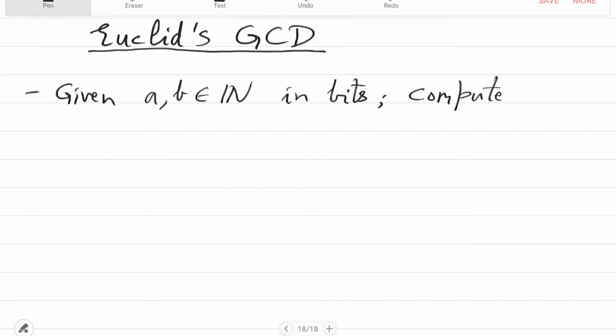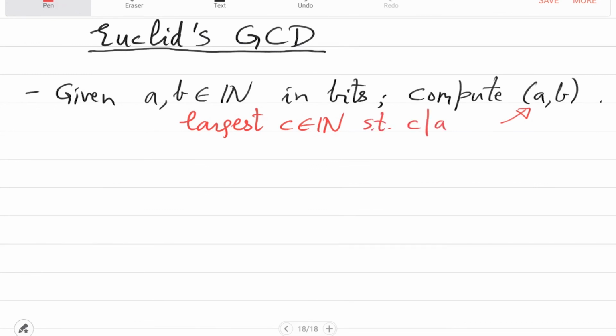So I'll just write in short a bracket A comma B. That will mean GCD of A comma B, which is defined as the largest C that divides both. So C divides A and C divides B. Okay, so this is the notation we'll use for division. So you want the largest number that divides both A and B. That's called GCD. And this is the notation for it.